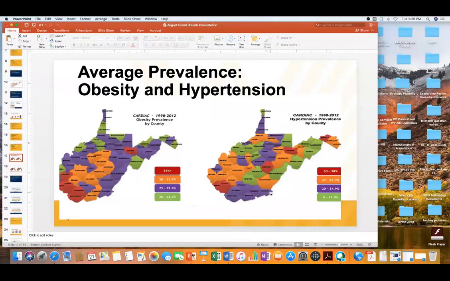For hypertension, some similarities in counties in having the higher, like a third or more kids with hypertension. Again, the purple, 20 to a quarter overall had hypertension. Some counties had far lower, based on the screening.